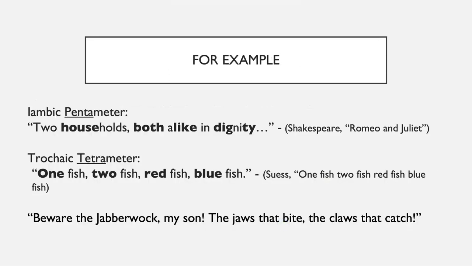So let's go into some examples. This will hopefully help click what feet and meter in poetry are. We're going to start with this line from Shakespeare's Romeo and Juliet. "Two households, both alike in dignity." If you caught on, I did a little something with my voice there to emphasize that meter and that iambic pentameter.